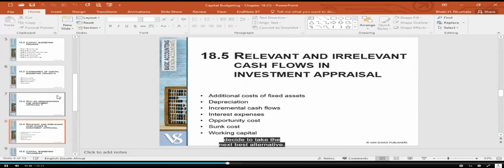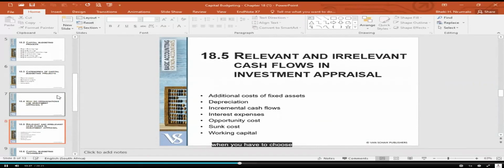Then the last one is your working capital, which we have to consider because we'll need stock, we'll need inventory, we'll need to pay our receivables, and we need to control our creditors or payables. So those items should be considered when you have to choose the right project. Those are items that you need to look at.